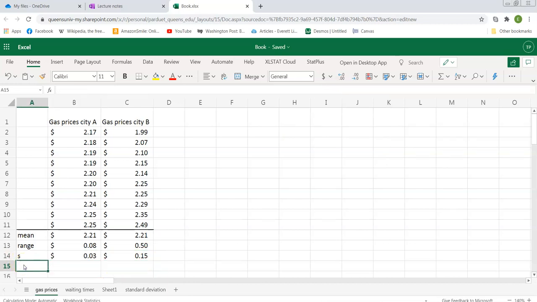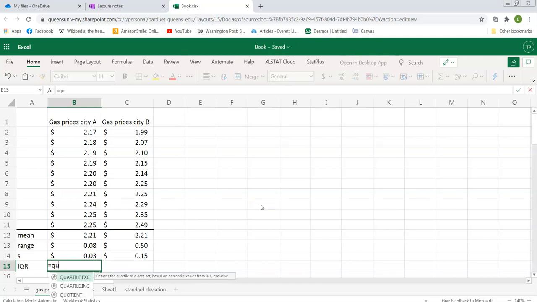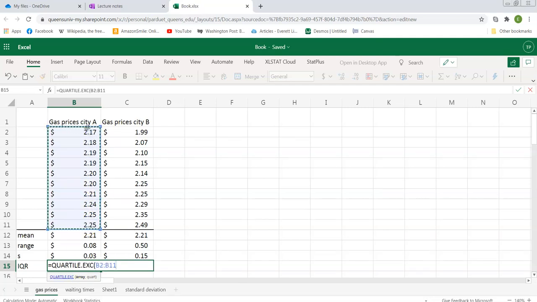Let's go ahead and do the interquartile range as well while we're here. So we're going to do the third quartile. So quartile.exc, all that data, comma 3, minus quartile.exc of all that data, comma 1.